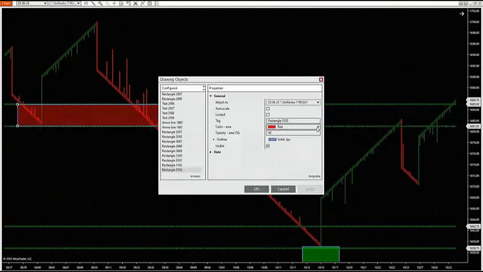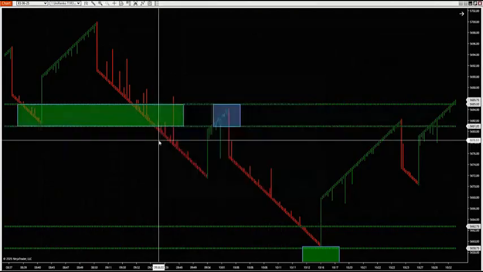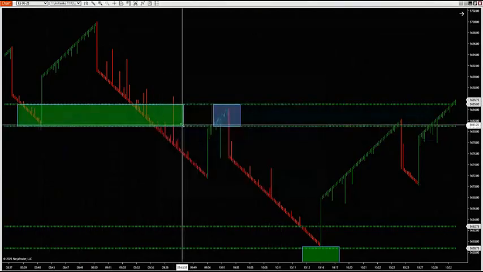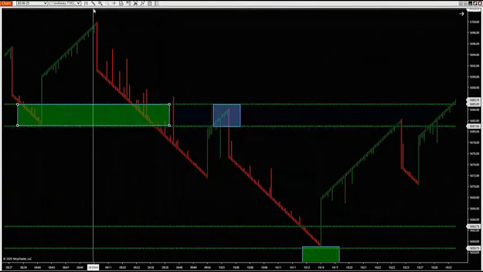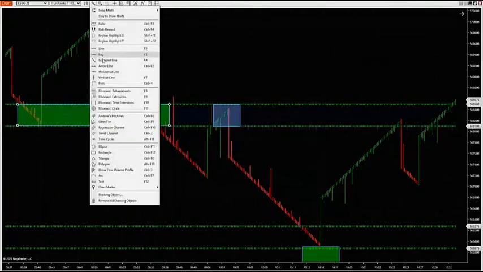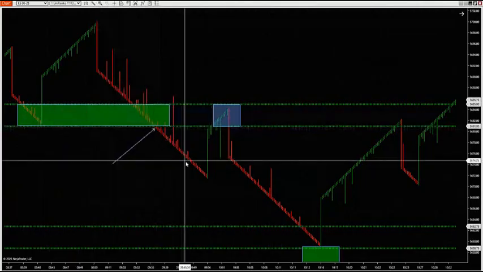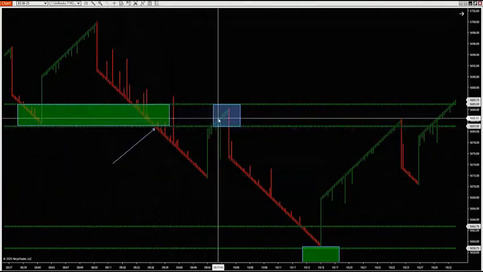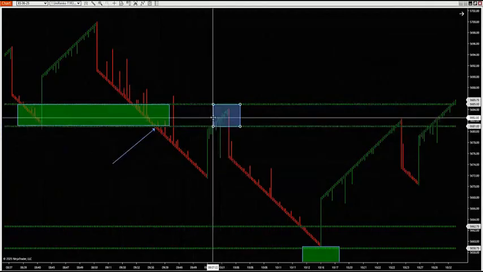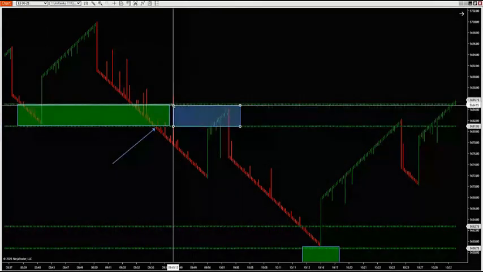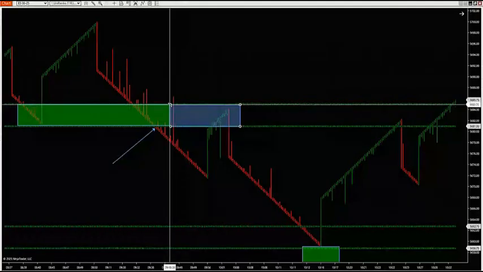Demand becomes new supply if it breaks. So there's your demand. Once it closes by one candle below, that breaks market structure. Market structure is now broken, and this becomes new supply. Once it closes back inside of it and reverses, you have yourself a big trade. This happens all the time on a daily basis in all these markets.